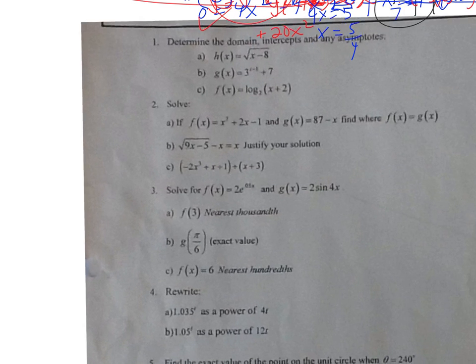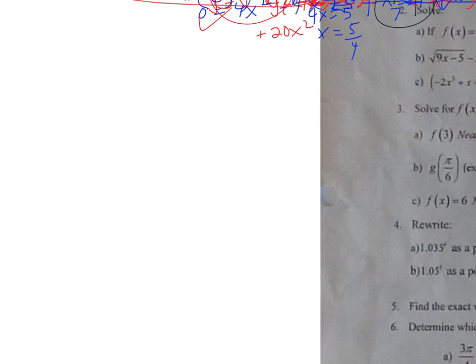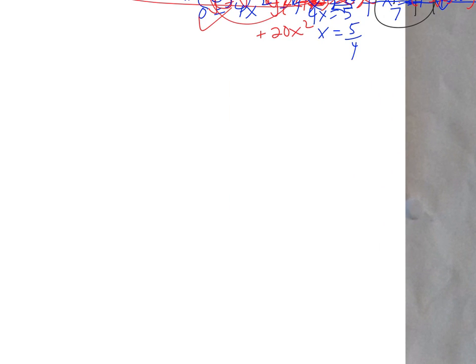All right, so let's take a look at C. So I have a division problem. I'm dividing the polynomials. So I have negative 2x to the third. Now notice that my next term is plus x. So what I'm actually missing is the x squared term.